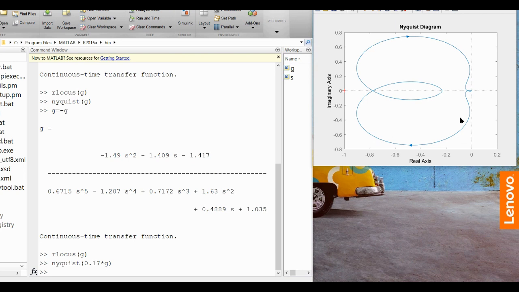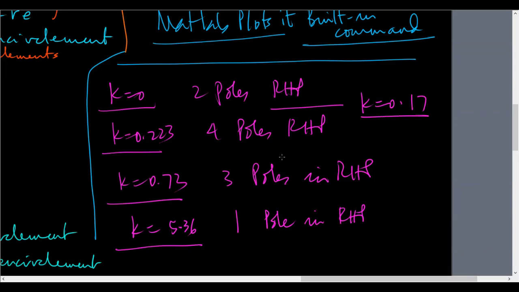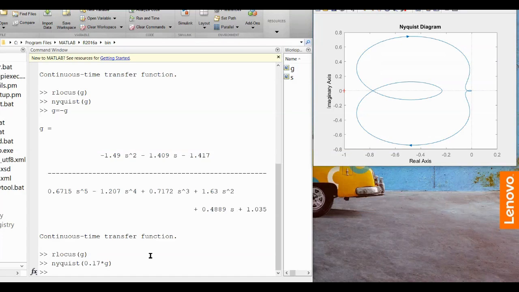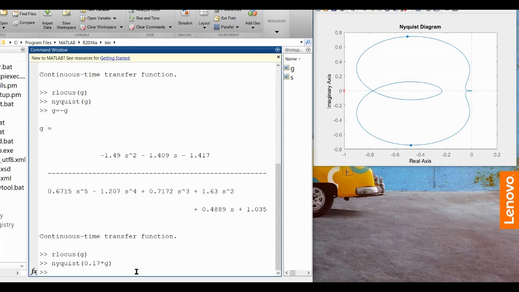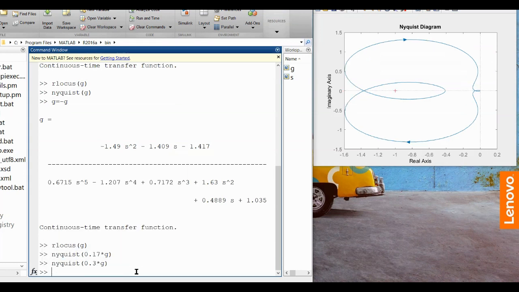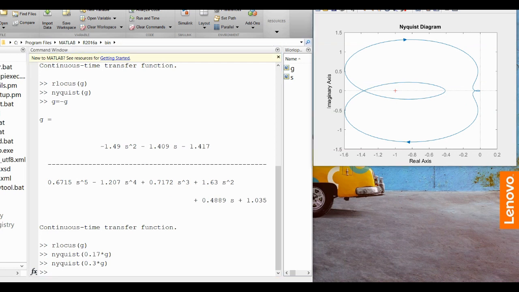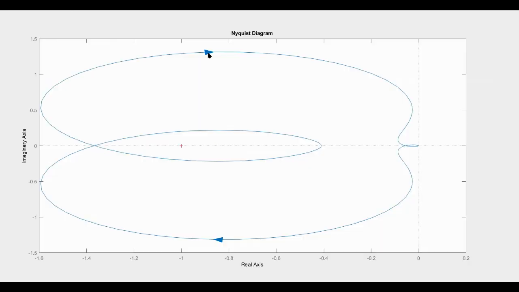Very good, no change. We come here, 0.223, let's use 0.3. Now 2 more have gone into the right half plane. So let's try 0.3, and now we have to look here and see the number of encirclements. The arrow is clear, does something over here and comes around.